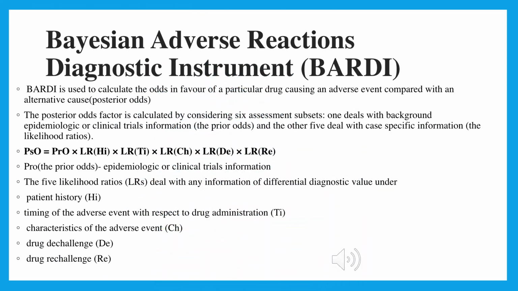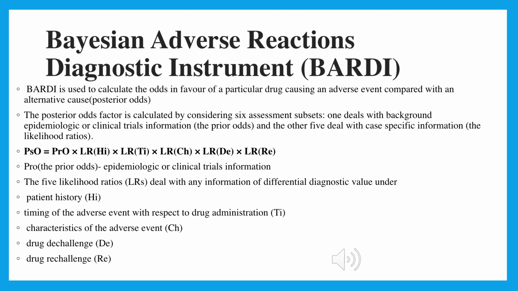In the Bayesian approach, the Bayesian Adverse Reaction Diagnostic Instrument, BARDI, is used. It calculates the odds in favor of a particular drug causing that particular ADR, and what the other causes considered may be, in order to calculate the posterior odds.